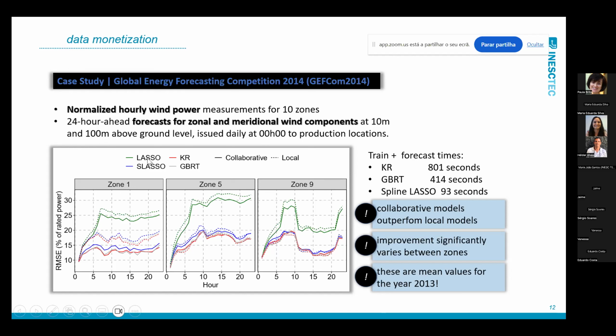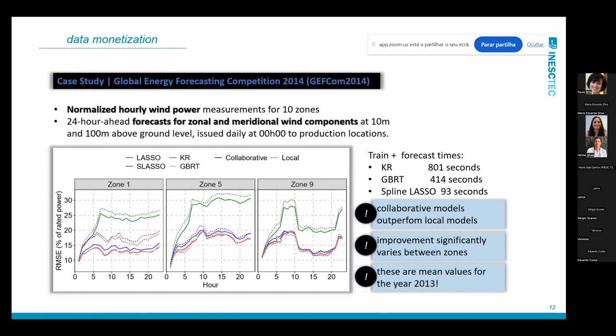So LASSO is simply a linear model, and the solid line is the performance in terms of root mean square error when we estimate zone 1 using data from the 10 zones, and the dashed line is modeling zone 1 using only data from zone 1.